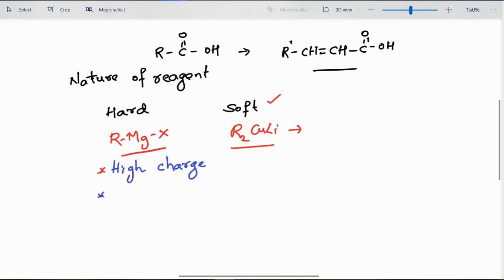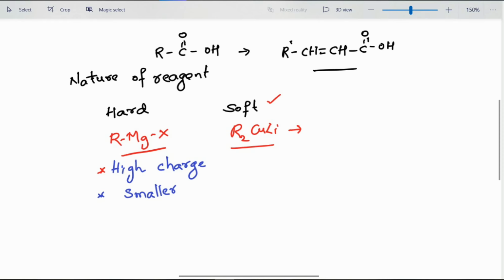The second point is that hard reagents are usually smaller in size when compared to soft reagents. So those are the first two important points.